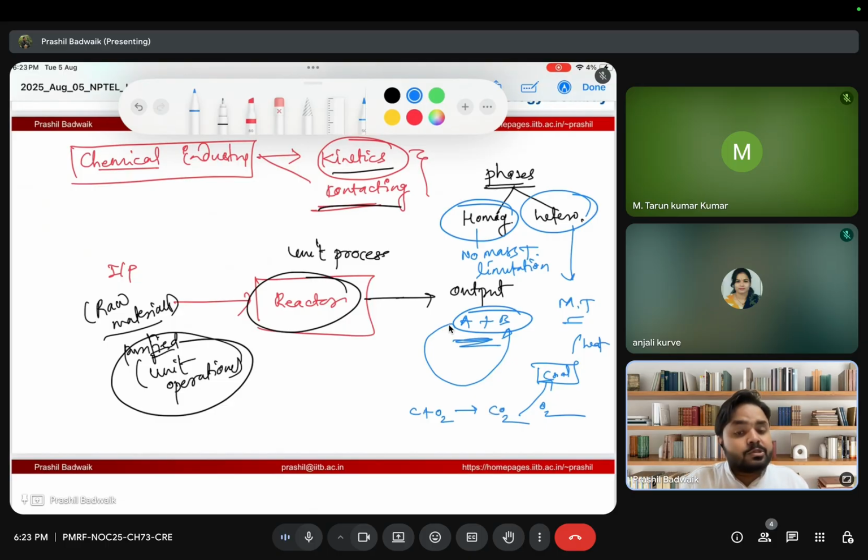So oxygen has to diffuse inside the coal, and that's why there are two phases. Carbon is in solid phase and oxygen is in gas phase. That's where the mass transfer limitation comes. And here we divide chemical reaction engineering into two parts. One is chemical reaction engineering 1, another is chemical reaction engineering 2, that deals with the heterogeneous part.